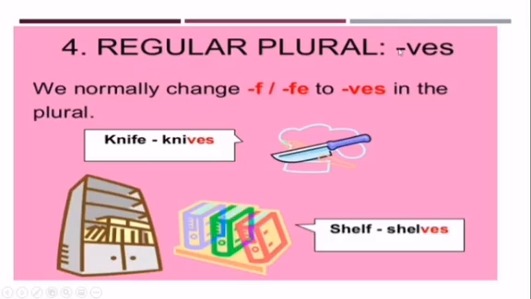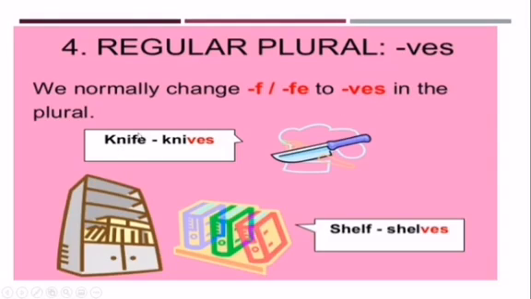We have also nouns ending in F or FE. So what happens when we have nouns ending in F or FE? We need to change this to VES. So we remove the F and we add V and we add ES. But if we have the E, we don't need to add it. So the ending is going to be changed.